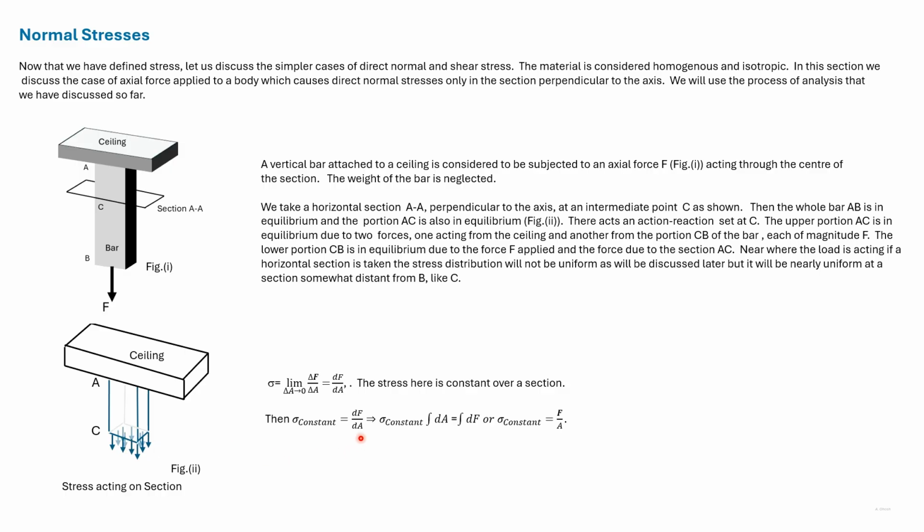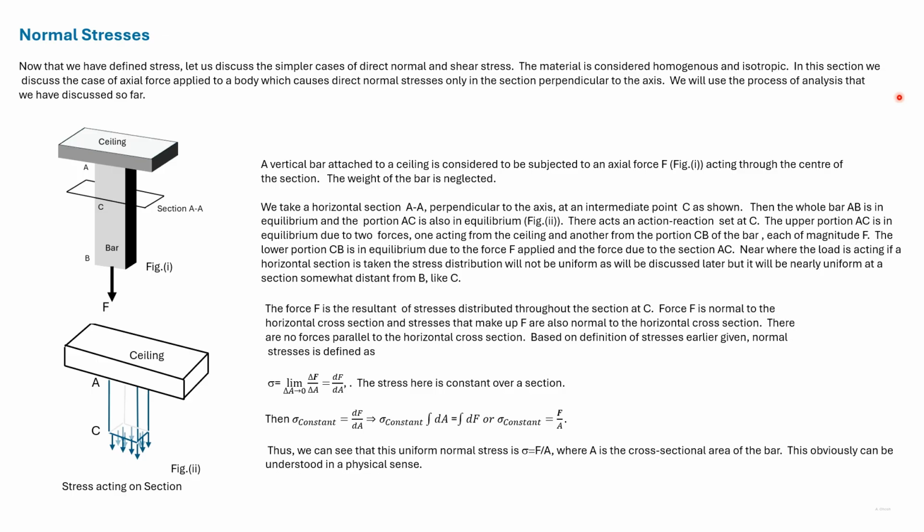So we can integrate both sides of this equation and we get sigma constant is equal to F divided by A. So the constant stress is given by the force F divided by the perpendicular cross-section area. The resultant of these stresses is the force F that passes through the axis.